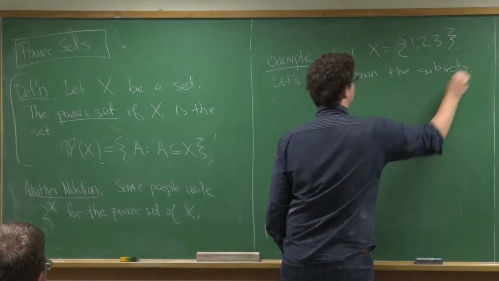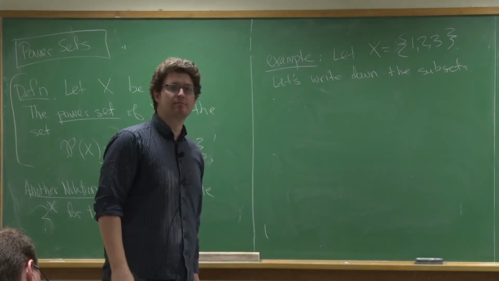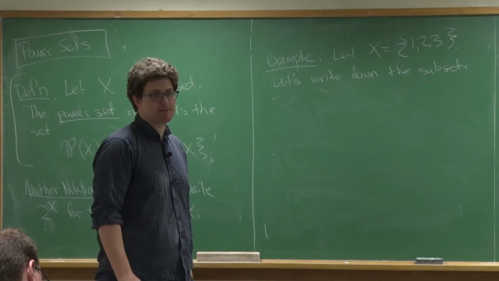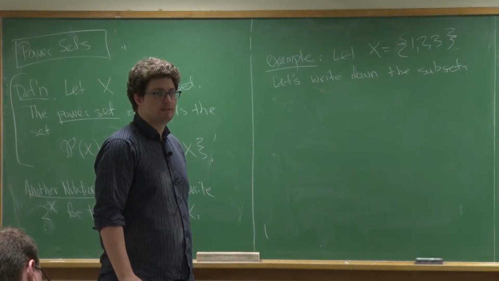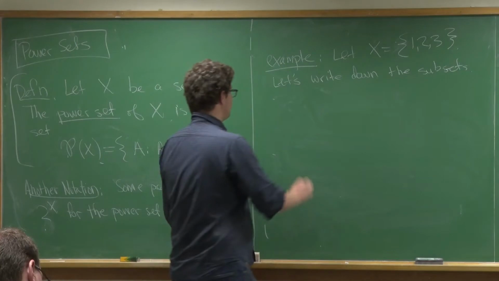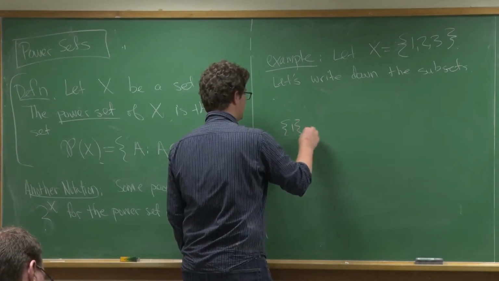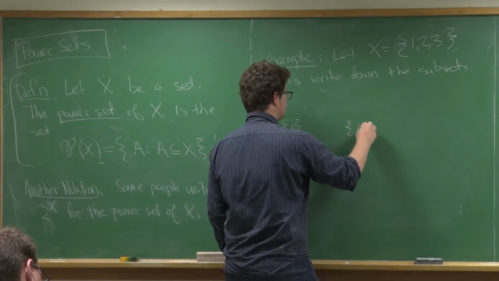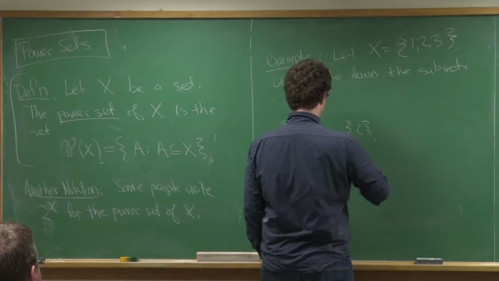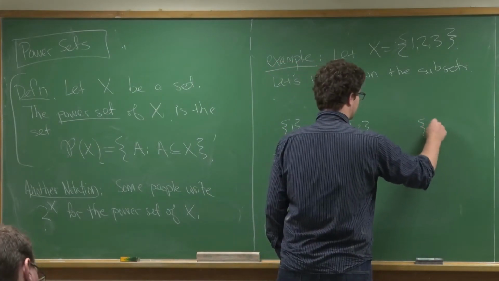What's a subset of X? What's the smallest subset of X? One of them is {1}. You also have {2}. You also have {3}. I'll just write them like this, and then I'll collect them.